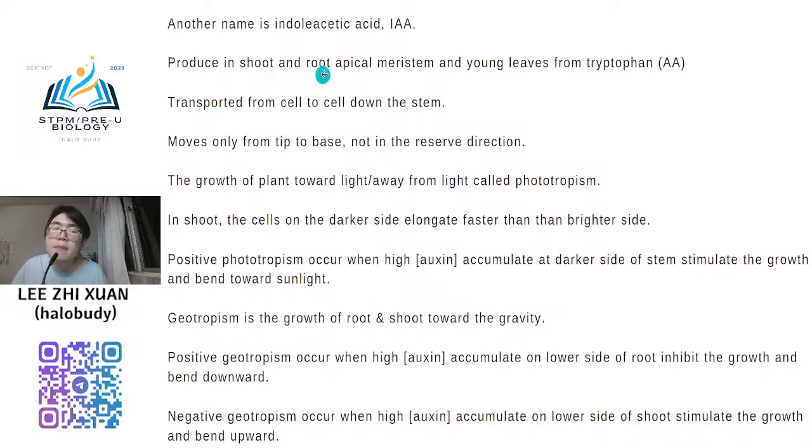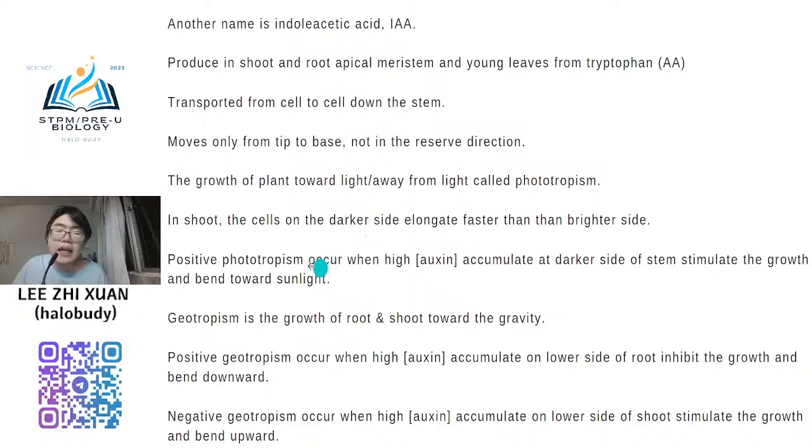So normally auxin will be secreted there. There is no other specific location, only the apical meristematic cells. Then it is transported from cell to cell toward all the parts of the plant that require growth. When the plant grows toward the light using this hormone, we call it phototropism.